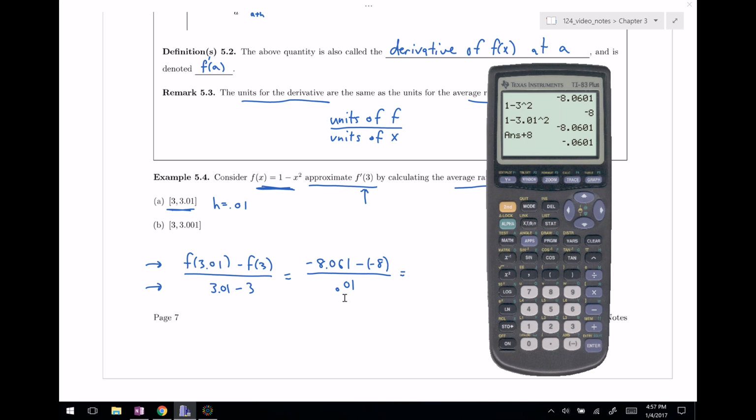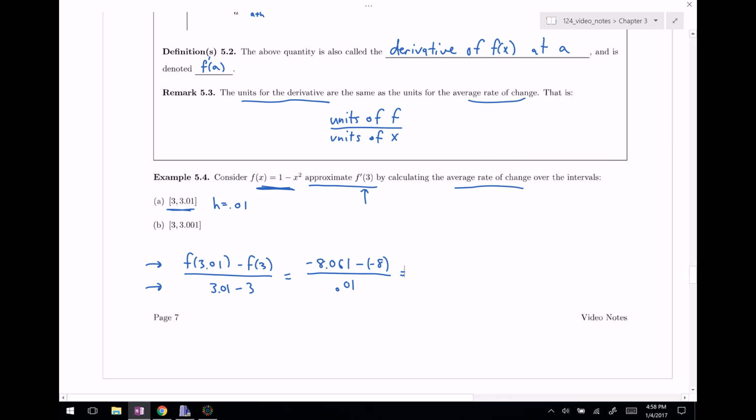And then I'm going to divide by 0.01. So divide by 0.01. And that's going to give me negative 6.01. So already I'm thinking that the instantaneous rate of change is probably negative 6.